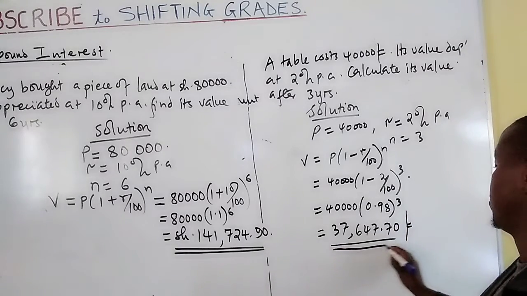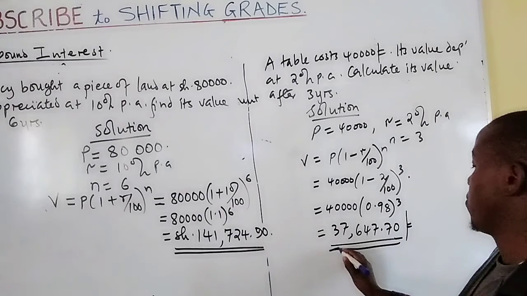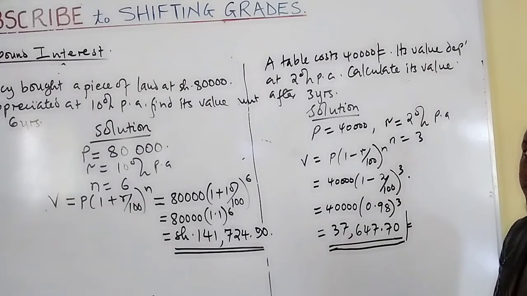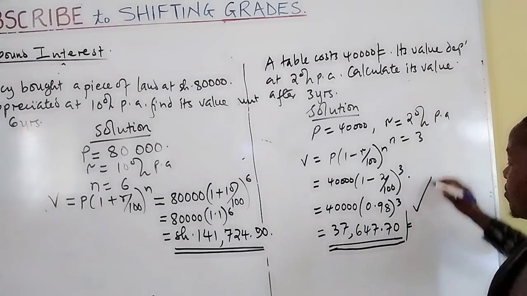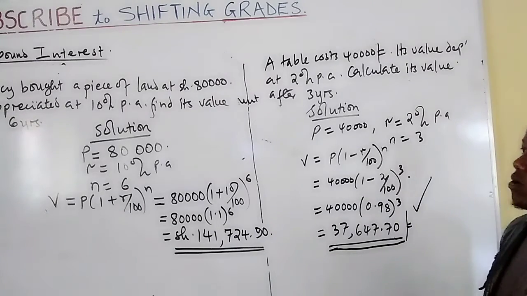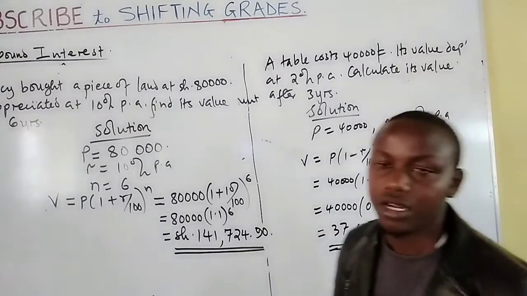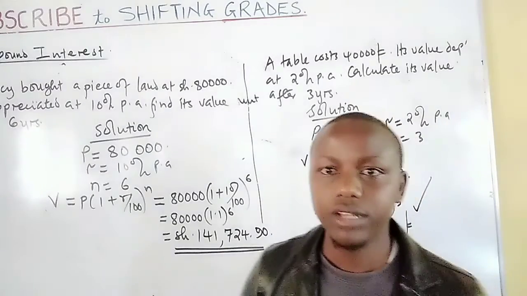So the new value for this table will be reduced to 37,640.70. So this should be the new value for the table. So that's how compound interest, appreciation and depreciation are related in general.